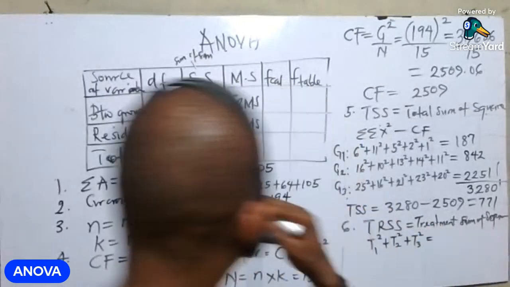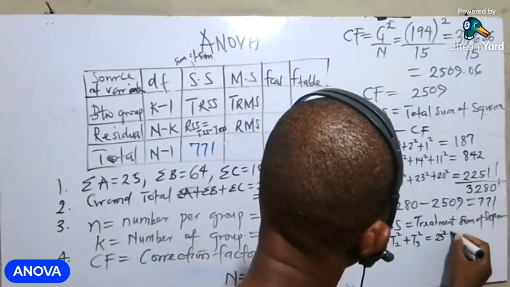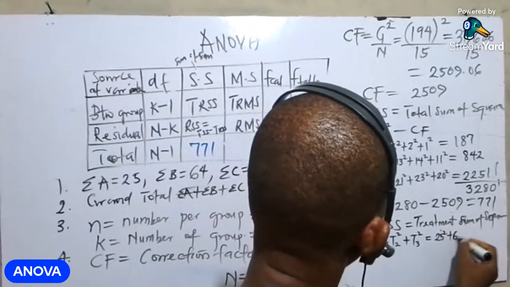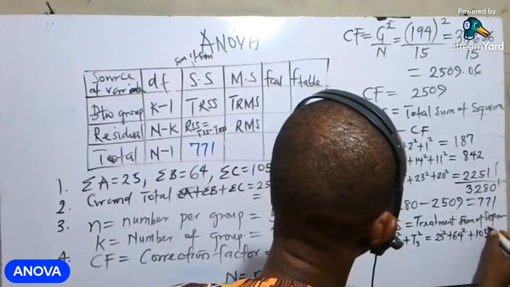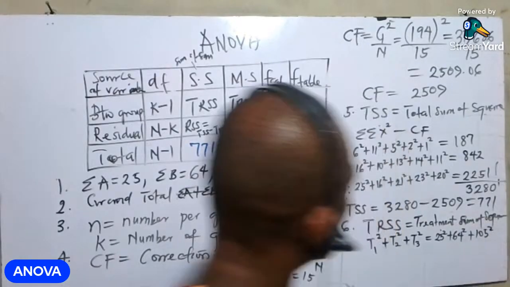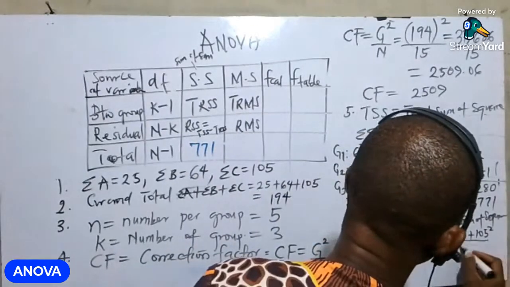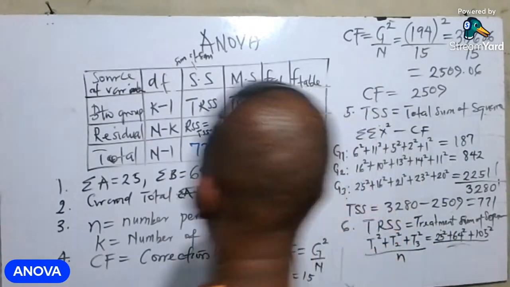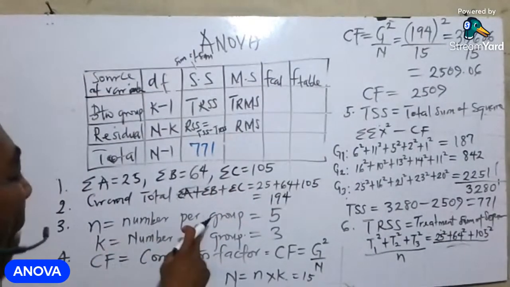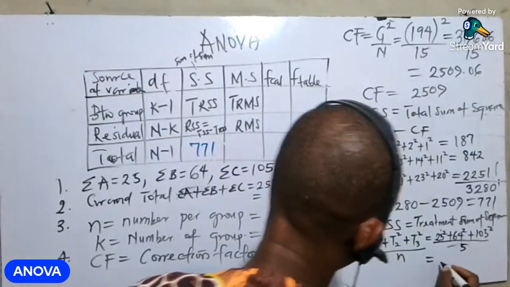So that will give us 25 square plus 64 square plus 105 square. And you divide everything by the number per group, which is 5.